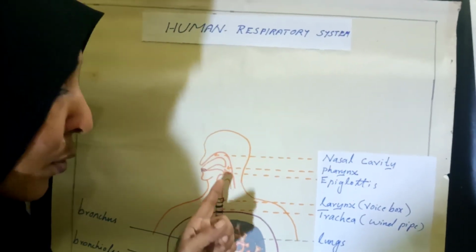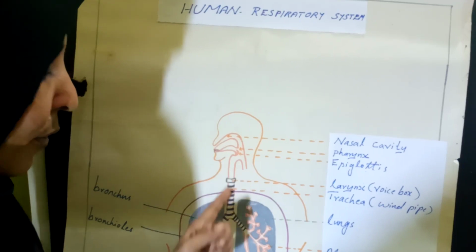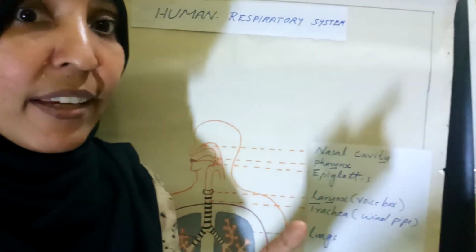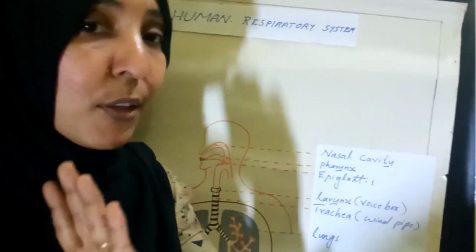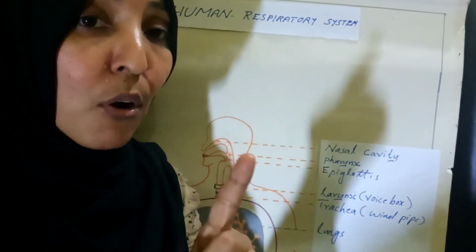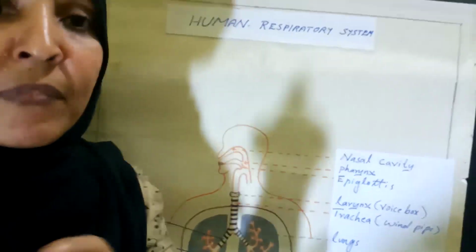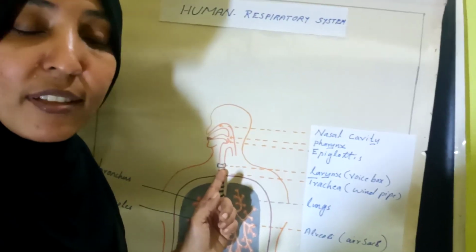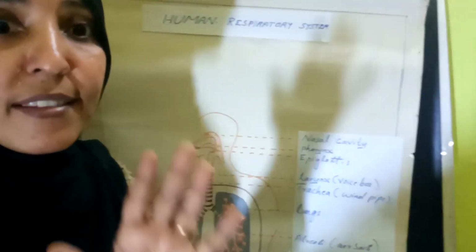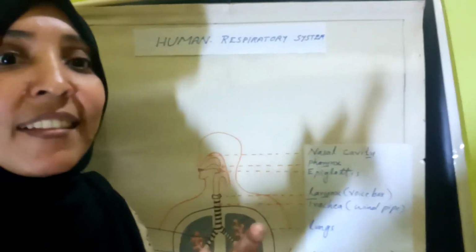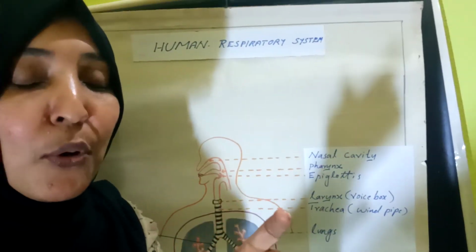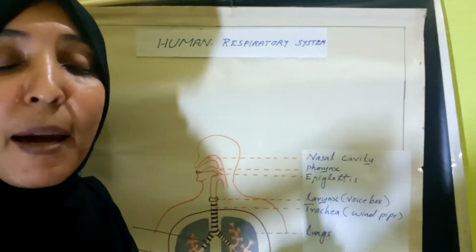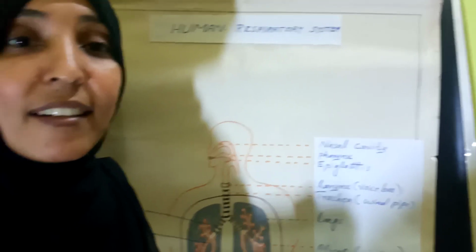So, in order to prevent the entry of food particles into the trachea, the glottis is covered by a flap called the epiglottis. That is why elders always tell us, don't talk or laugh at the time of eating. There will be a chance for accidents, that is, the entry of food particles into the windpipe or trachea. To avoid this, we have to keep silent while eating. That is one of the disciplined manners, and this is also the science behind it, to avoid trapping of food inside the trachea.